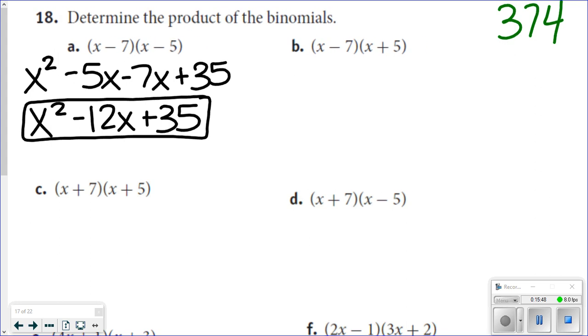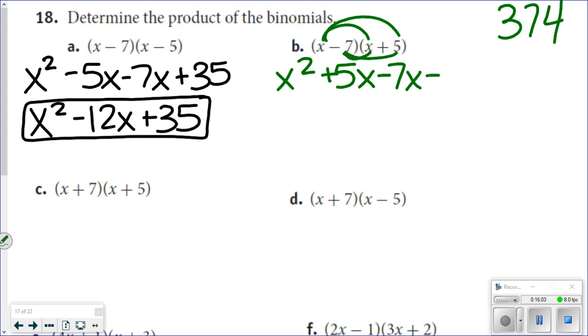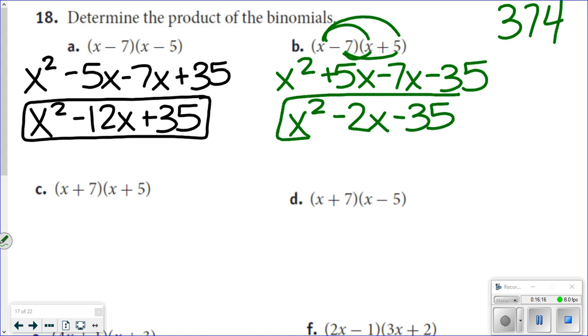So think about distributing, so we get the outside terms. Distribute the -7, so we're multiplying our inside terms and our last terms. And CLT, combine like terms. 5 minus 7 is -2x. And we get -35.